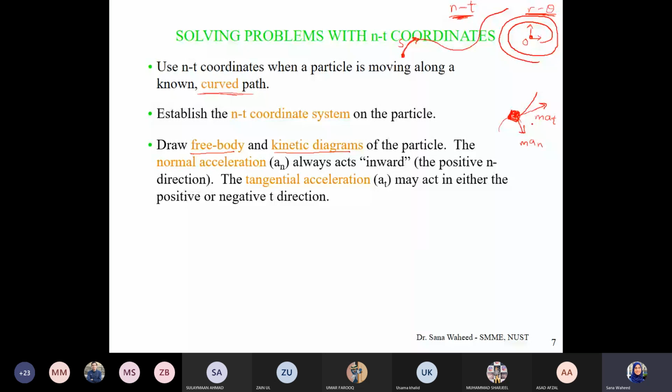Why? Because the resultant acceleration doesn't really tell me much. What's actually more useful is for me to see these components. Okay, so I'm just trying to point out that in the kinetic diagram in the NT coordinates, we actually plot the two components of acceleration separately.